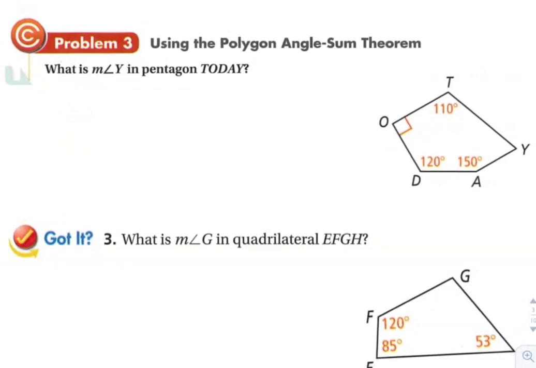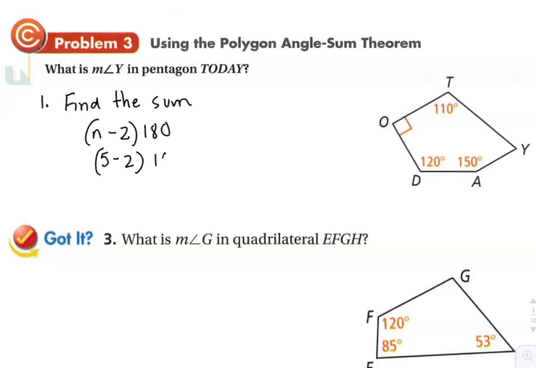So let's first find the sum of the interior angles. I will use that first part. N minus 2 times 180. Here I have 5. 5 minus 2 times 180 is 3 times 180, which is 540. All right, so that's the total.